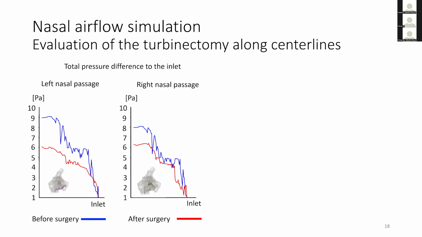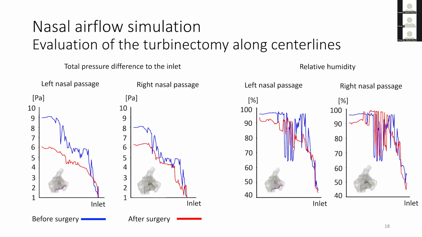This widening of the nasal passage was on the one hand an improvement for the total pressure, because after the surgery the pressure loss is much lower, which makes it easier to breathe in. So her initial complaints were gone. She could breathe in more easily, but the humidity was the reverse. After the surgery we have a lower humidity at the throat, which means drier air, and that matches her complaints.